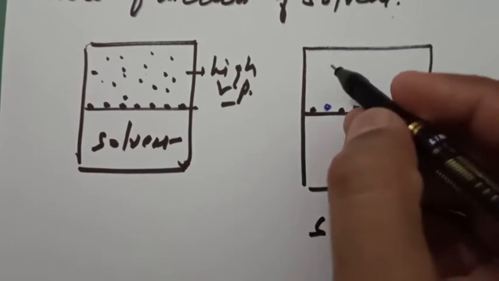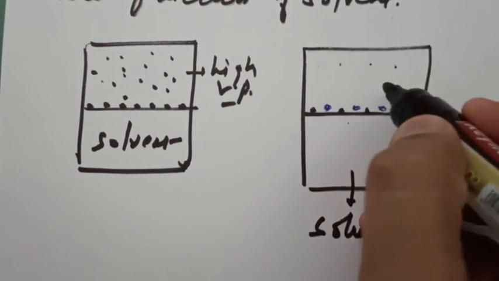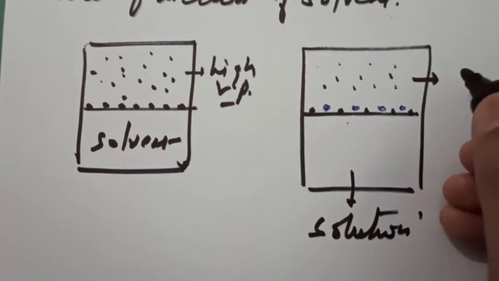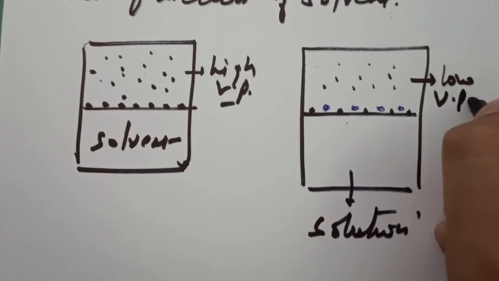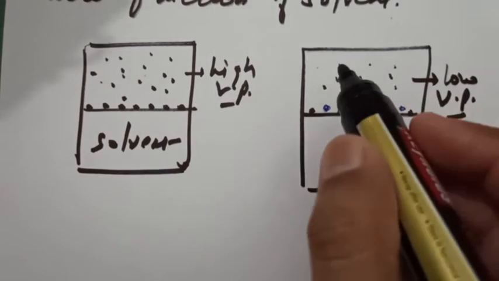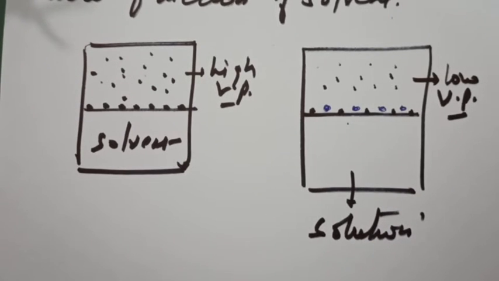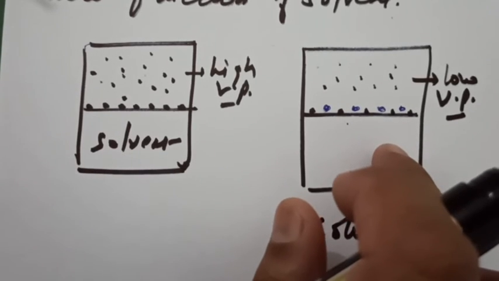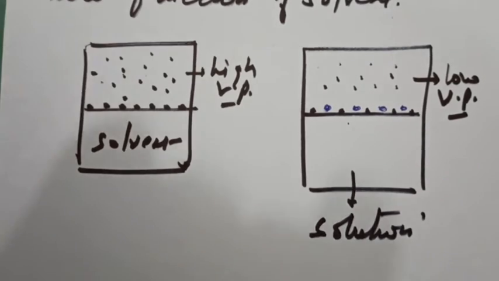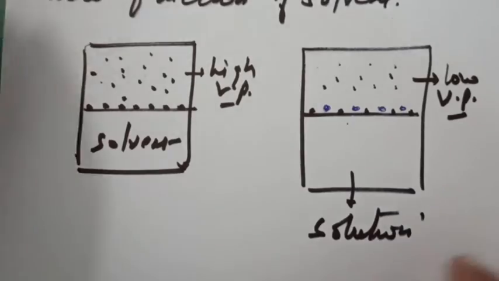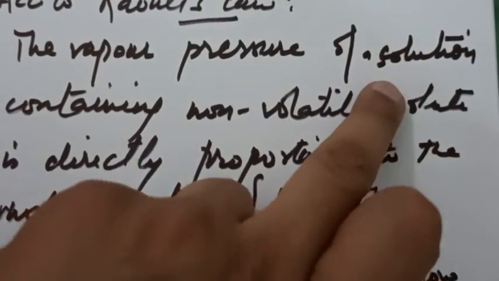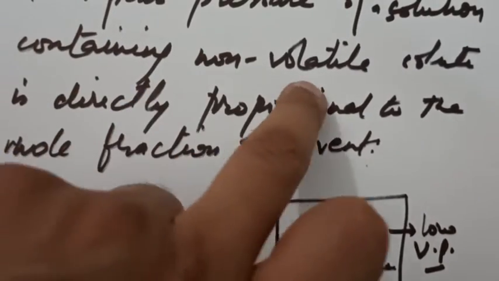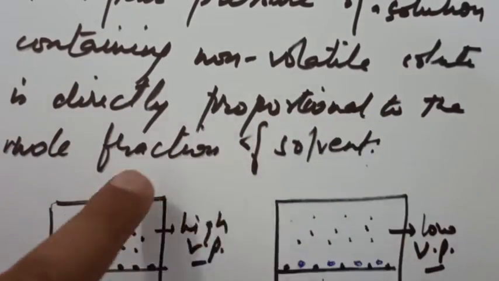So now the vapor pressure will be low, because some space at the surface is occupied by the non-volatile solute molecules. So the vapor pressure will be low. This vapor pressure is only because of the solvent, because the solvent is volatile but the solute is non-volatile. So Raoult's law is saying that the vapor pressure of a solution containing a non-volatile solute is directly proportional to the mole fraction of solvent.